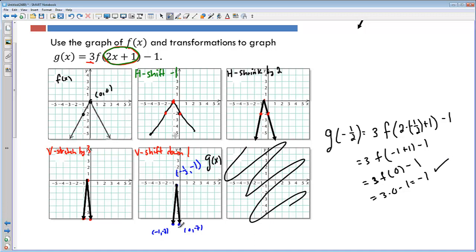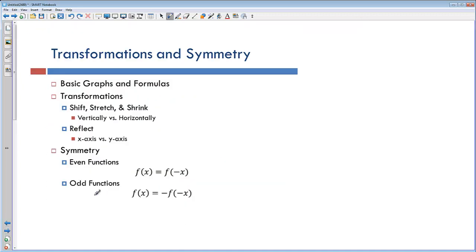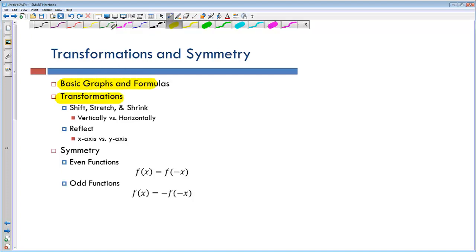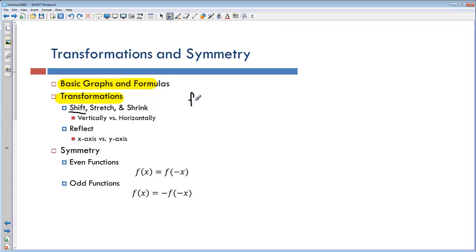And you can also check it with these other 2 points. All right, so let's review real fast what we did today. We talked about some basic graphs and formulas that you should be aware of. Then we talked about 4 different types of transformations. We talked about these vertical shifts, which are real simple ideas.